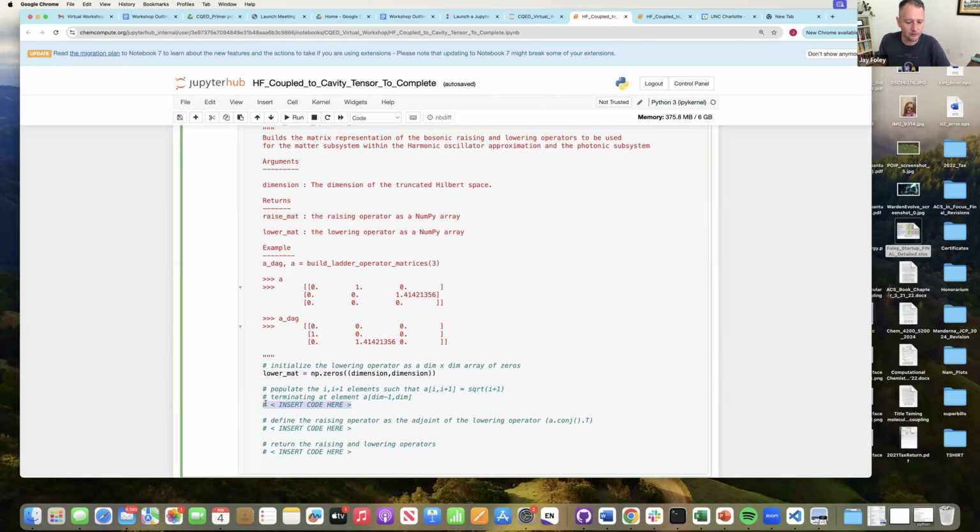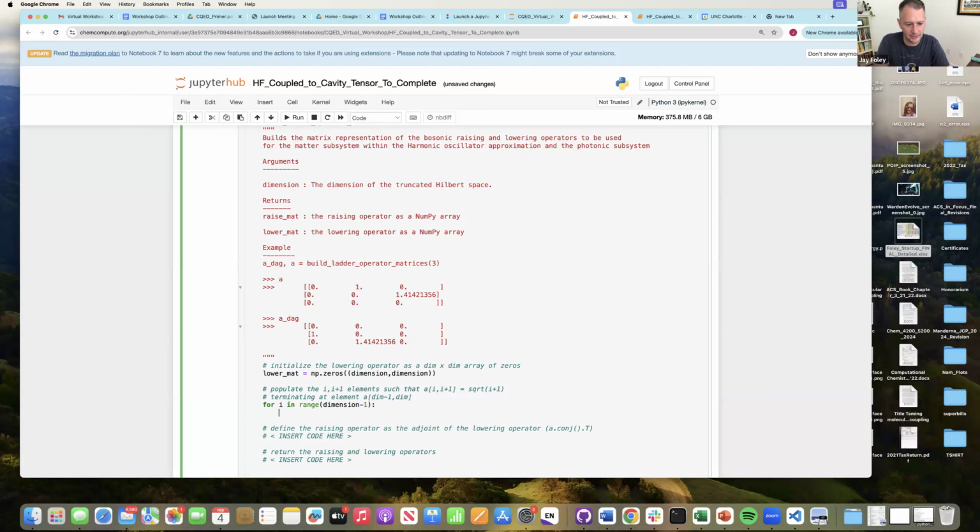So I need to loop over I in range of dimension. Actually, I think I need to do this in range of dimension minus 1.